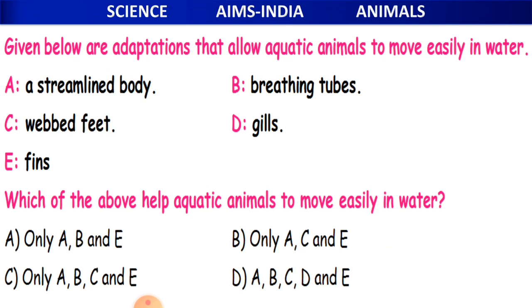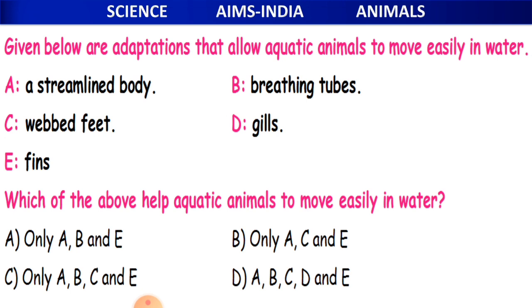And the next question is, given below are adaptations that allow aquatic animals to move easily in water. So here are some adaptations. Adaptations are like their features designed according to their comfort in their living place.